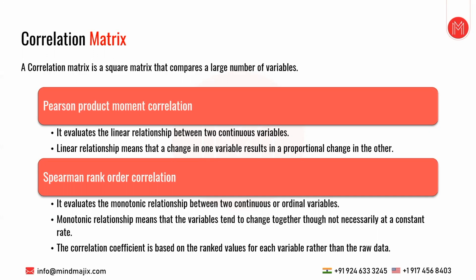A monotonic relationship means that the variables tend to change together, though not necessarily at a constant rate, and the correlation coefficient is based on the ranked values of each variable rather than the raw data. So that's how things work when we talk about the correlation matrix with the Pearson product moment correlation and the Spearman rank order correlation.